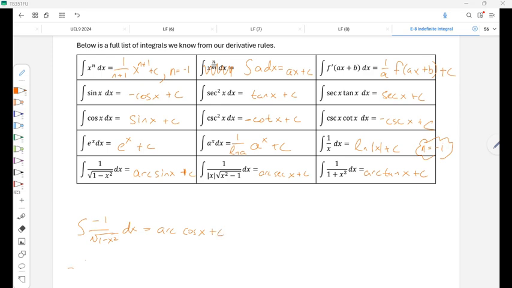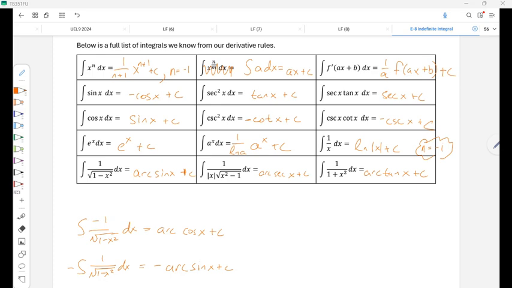But I could also say that -1 over the square root of 1 minus x squared dx is negative arc sine x plus c. And they are both valid antiderivatives, but why put 3 more must knows there? The smarter thing to do is just to use negative arc sine x plus c.